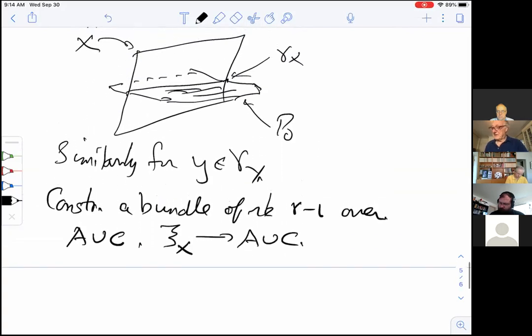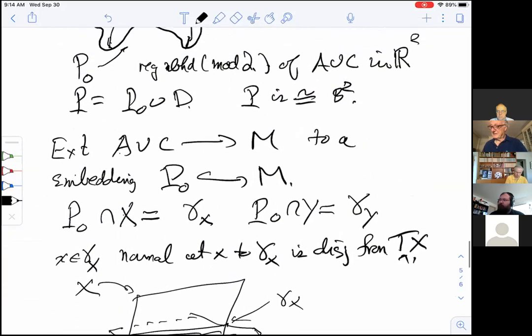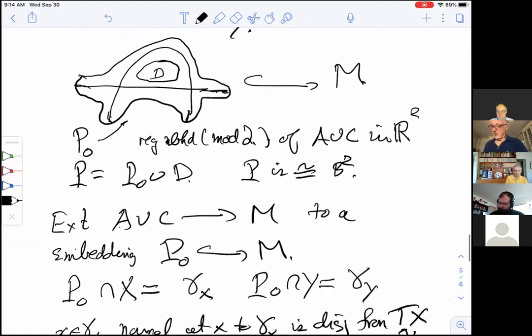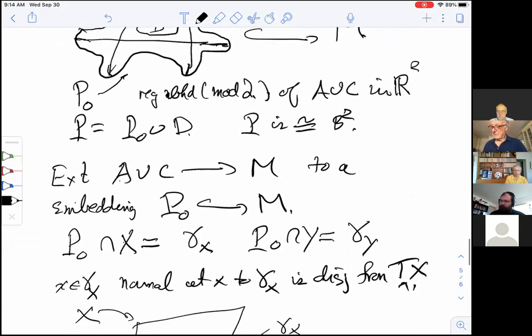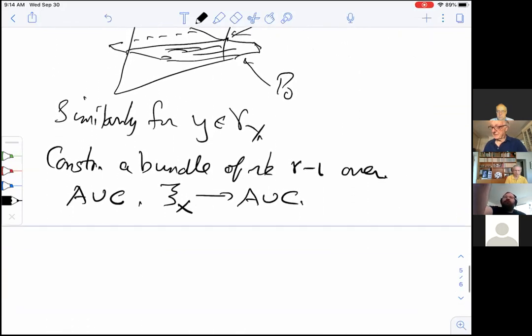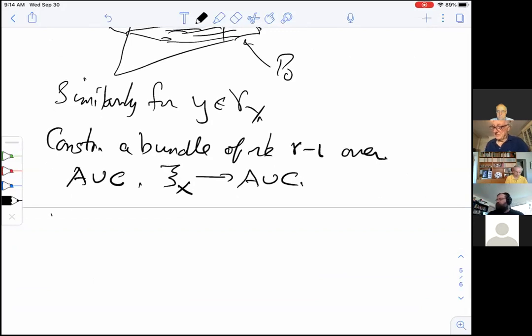And its definition, it has completely different definitions over gamma X, over A, and over gamma Y. So if you restrict to A, you simply take the orthogonal, so I'm going to impose a metric here and just talk about orthogonal complements.